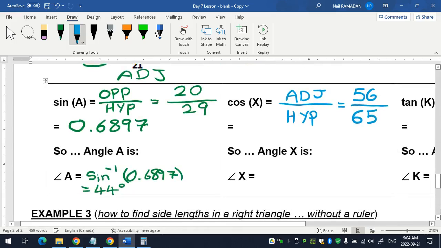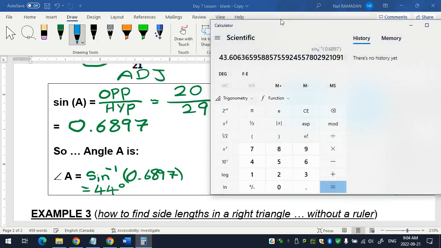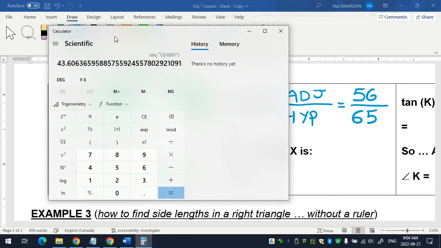What do I do now? Do I keep it as a fraction or try a decimal? Whenever you can use a long decimal, like an accurate one, sure, go for it. All right. So let's see. Clear. 56 divided by 65.